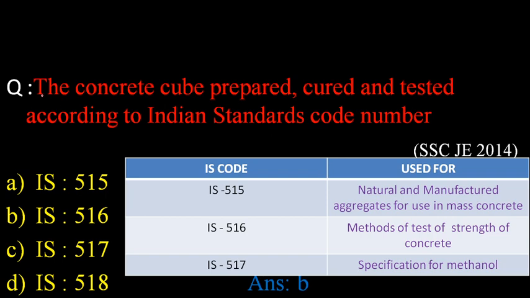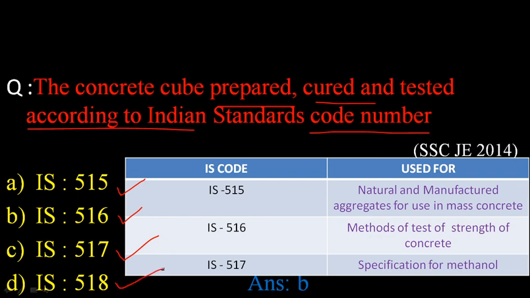See, the concrete cube prepared, cured and tested according to the standard code number is. Here we have IS 515, IS 516, IS 517 and finally IS 518. So here the explanation. IS 515 is used for natural and manufactured aggregate for use in mass concreting.